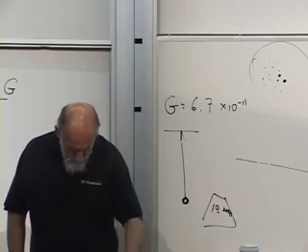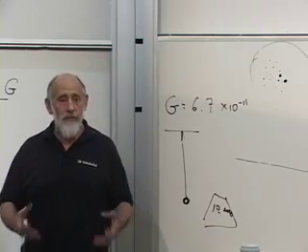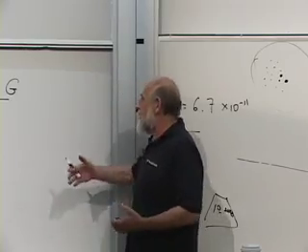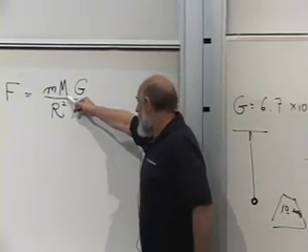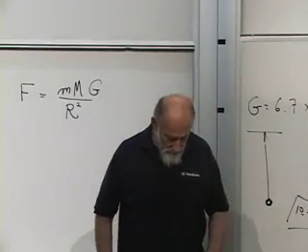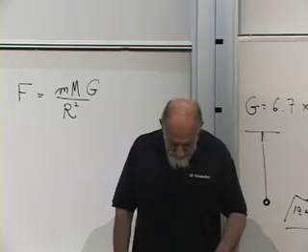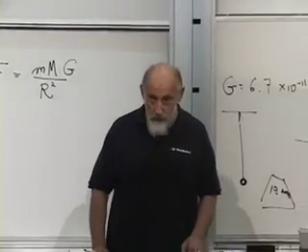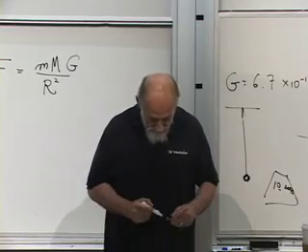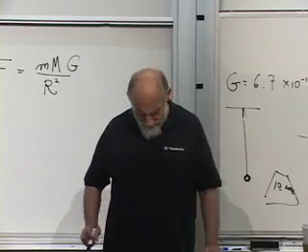But weak as it is, we feel it rather strongly, because the Earth is so darn heavy. So the heaviness of the Earth makes up for the smallness of G. And so we wake up in the morning feeling like we don't want to get out of bed because gravity is holding us down.